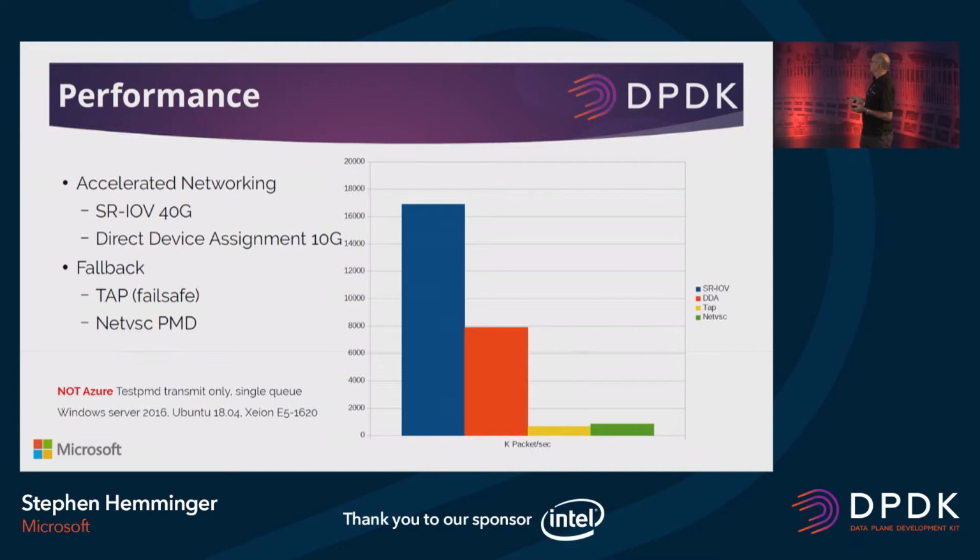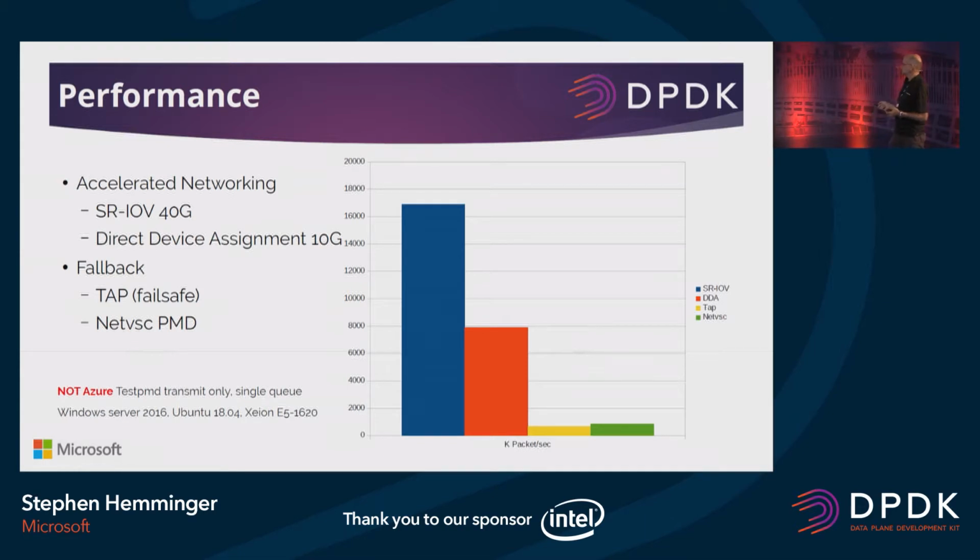If I used direct assignment, this was the other possibility. This is Windows Server. I had a 10 gig Intel NIC. I direct device assigned it, so the PF is showing up in the guest, and it was hitting about 8 million packets a second. That's about what you would see on bare metal for that particular hardware with a single queue.